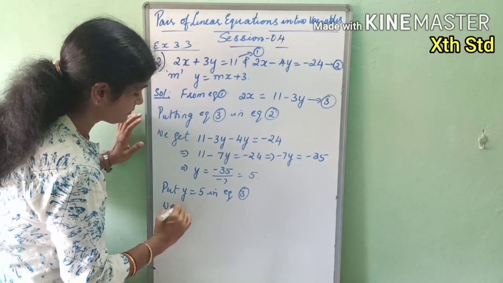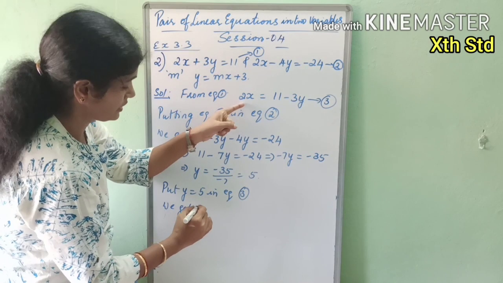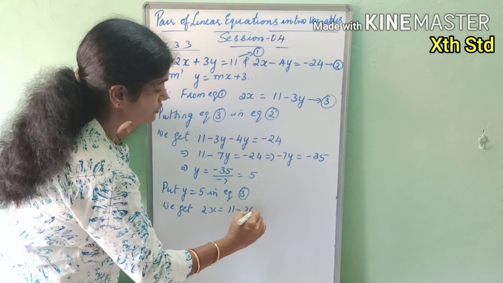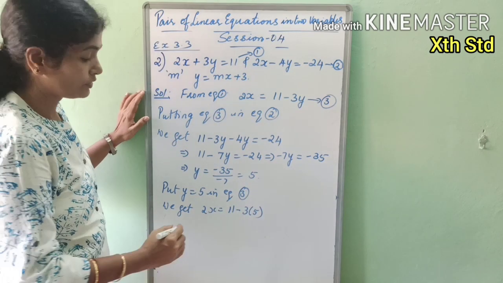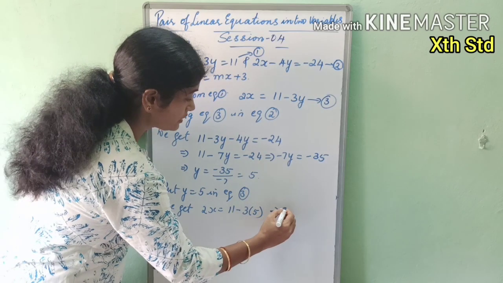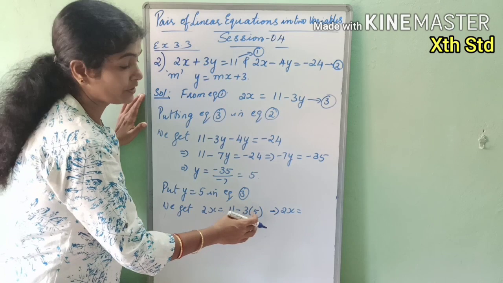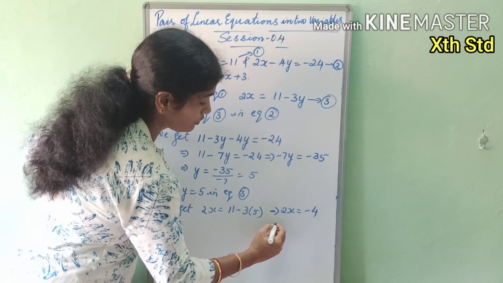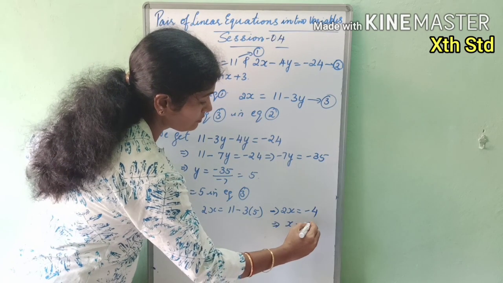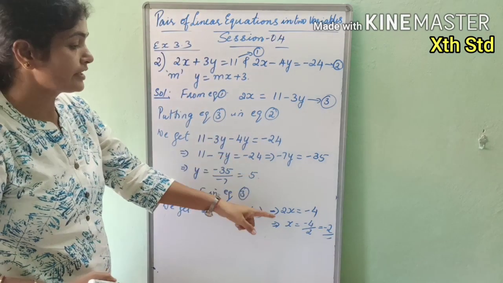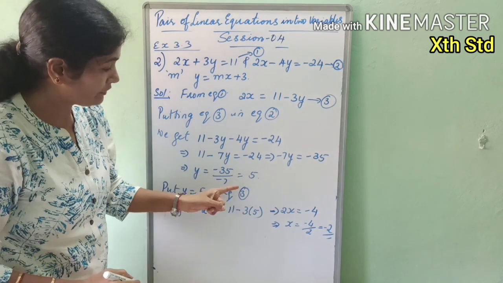Fine, y is 5. Therefore, put y equal to 5 in equation 3. What do we get? 2x is equal to 11 minus 3 into 5. This implies 2x is equal to 11 minus 15, that is minus 4. So x is equal to minus 4 by 2, that is minus 2. So the value of x you have got as minus 2 and y is 5.